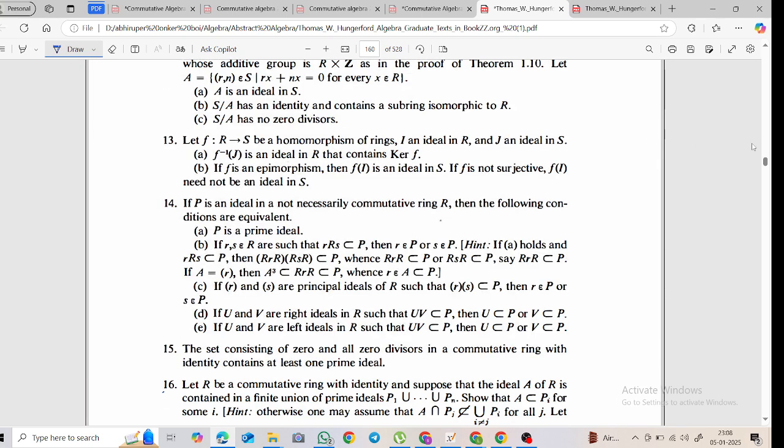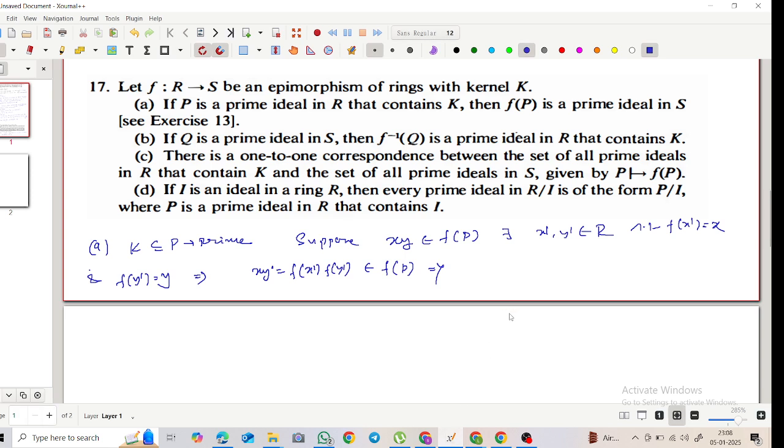What was done in 13? Ideal containing kernel S. Okay. So if inverse of f P need not be P, right?